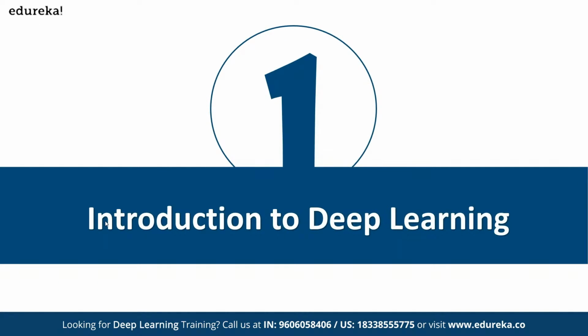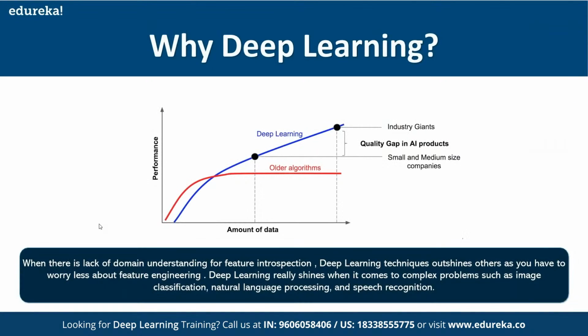The reason we would prefer to work with deep learning is that whenever there is a lack of domain understanding for feature introspection, that means whenever I'm not aware of the features, the columns, that we have in the data set, deep learning techniques perform pretty well, because in deep learning we don't have to worry too much about feature engineering.